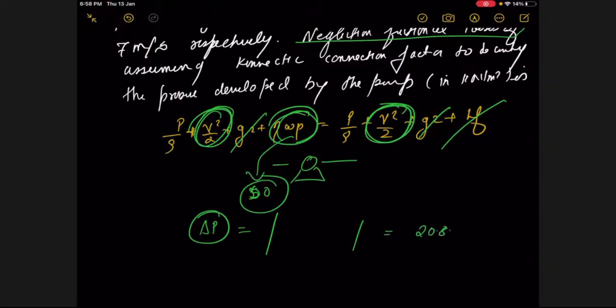So see here, what is important is that you neglect the pressure only when both the tanks are open to atmosphere. Only at that condition you have to neglect this. Here it is the pressure drop across the pump, so you can't neglect it. So these things you have to take care of while solving the question.